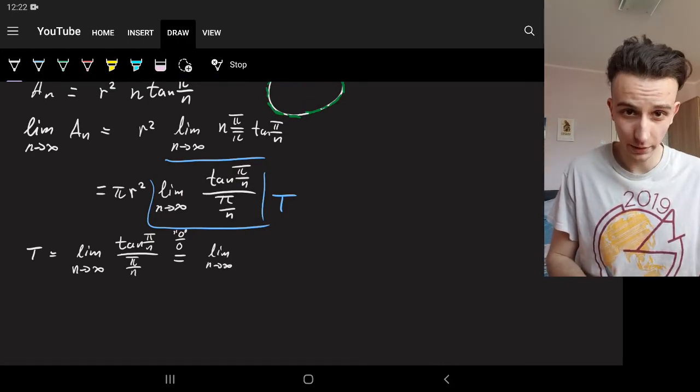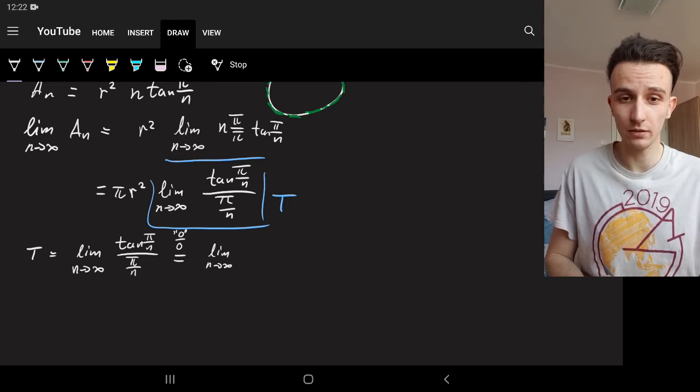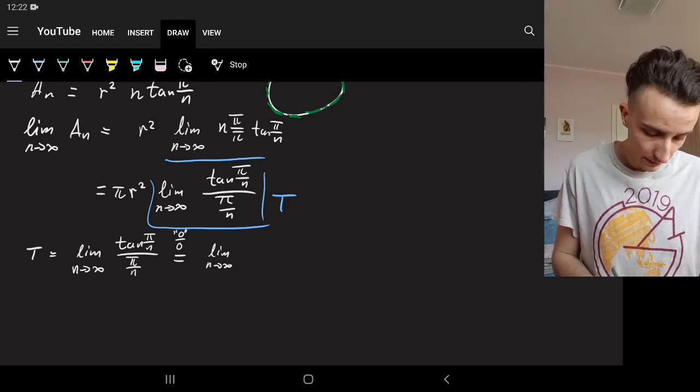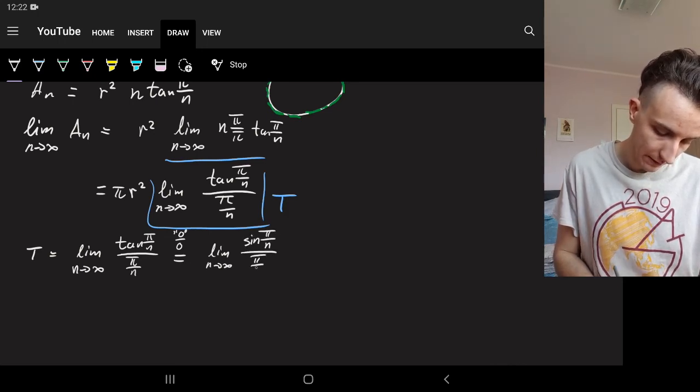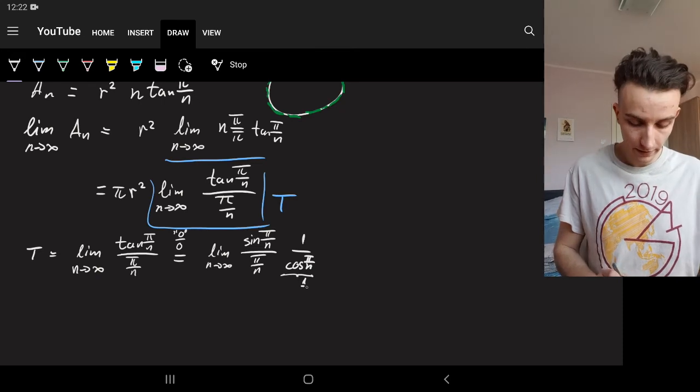And cosine pi over n is just cosine of 0, and that's just 1, so we can forget about cosine. Let's just write that though: sine pi over n times 1 over cosine pi over n. So this goes to 1. Then sine pi over n over pi over n.